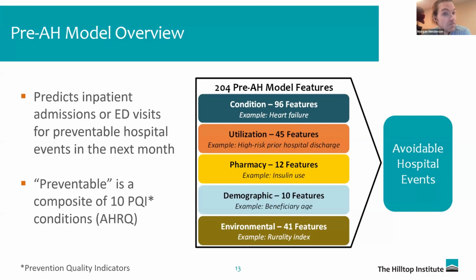So our definition of preventable comes from the AHRQ prevention quality indicators, and it's a composite of 10 different conditions which are deemed to be avoidable if there is primary care. And so we have about 200 risk factors that go into this model. And just like we said, about half of them are condition-based, and about 45 are utilization-based, and some pharmacy, and some demographic, and some environmental.